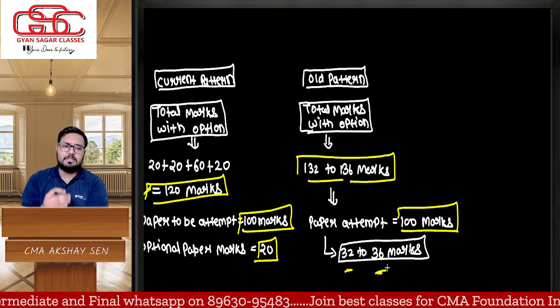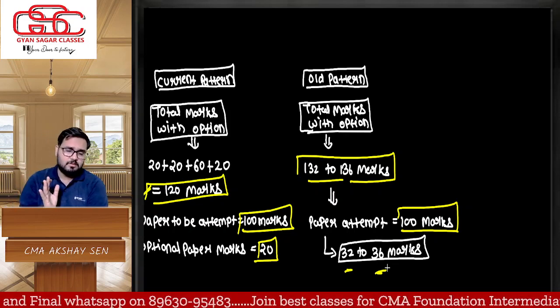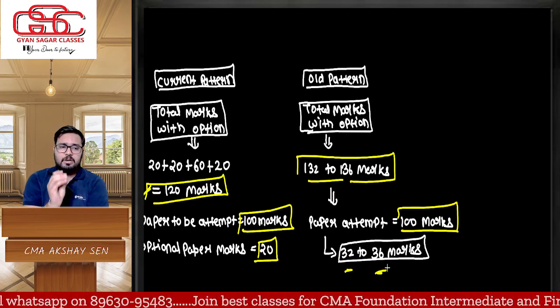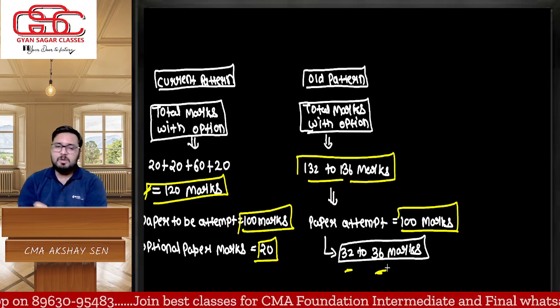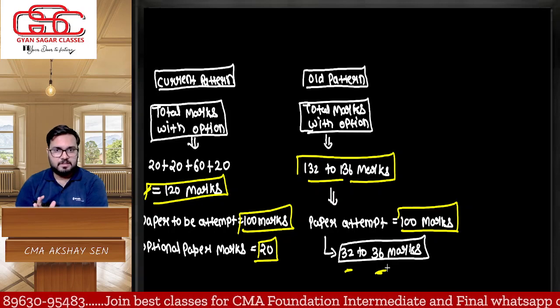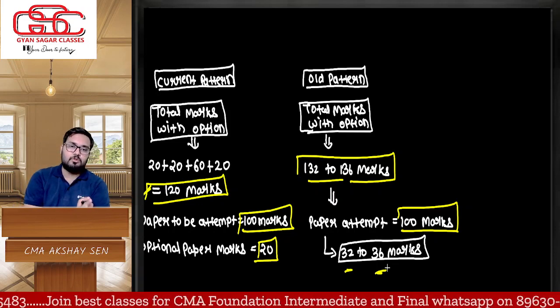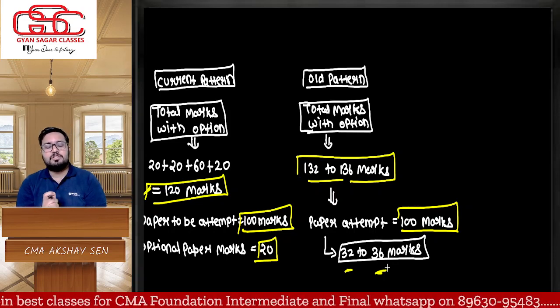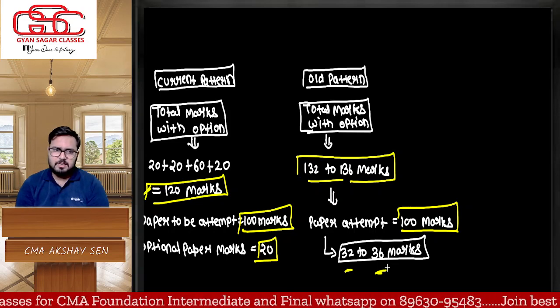So do you think this marks distribution will be the same in the final paper? There is some confusion. I don't think the 120 marks distribution will be in the final exam as well. I think it will be the same as the past paper patterns. And if it is not, then the institute should do that. In the earlier attempt, the institute gave mock tests of 100 marks only, but we got options in the main examination.